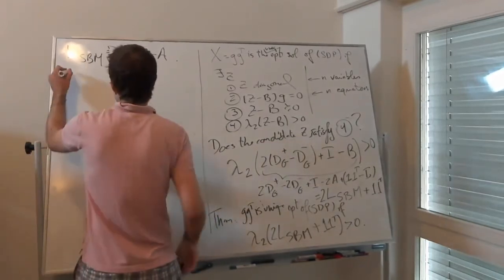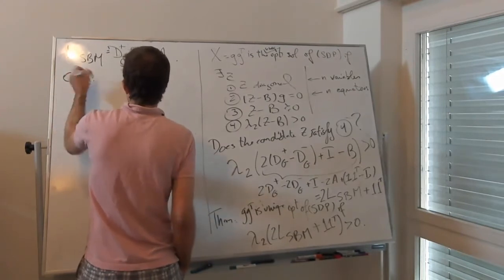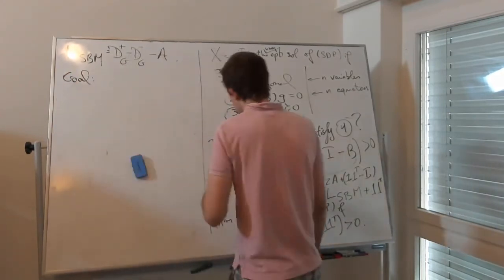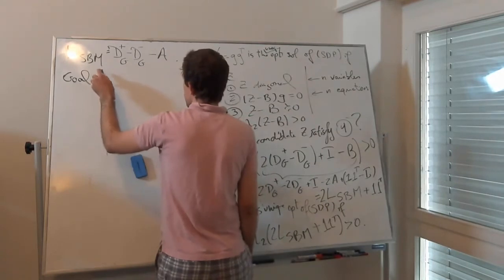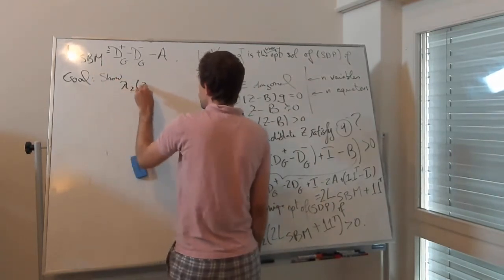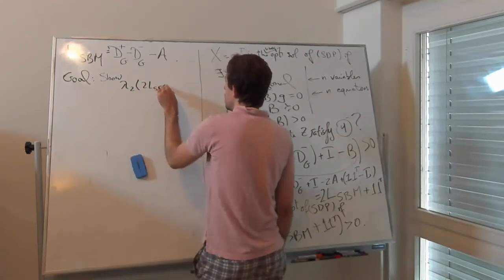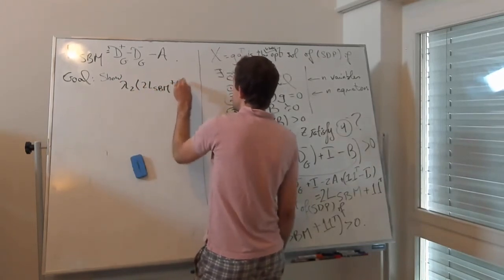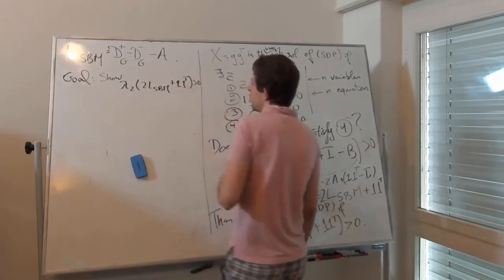The goal would be to show, or to understand for which ranges of parameters, that lambda 2 of LSBM plus 11 transpose is bigger than 0.